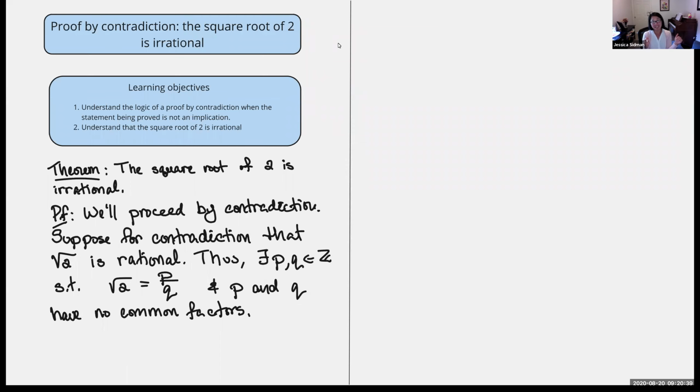So this is believable. So now we've written down what we wanted to show, we've used what we know, and this is computation time. Okay, so we can say, since the square root of 2 is equal to p over q, well, what are we going to do next? Well, we want to work with integers, right? And so on the one side of this equation on the left, we don't have an integer. Let's get an integer by squaring both sides. So the square root of 2 is equal to p over q.